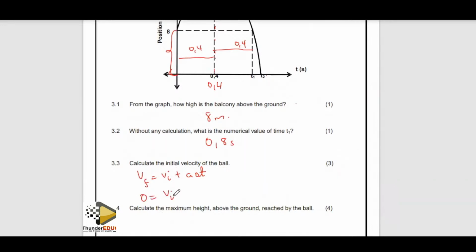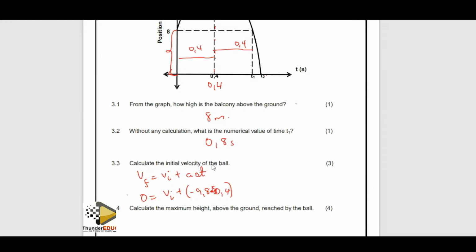Vi is what I need. I'm going to say plus, I'm going to use negative 9.8 times my delta t 0.4. Okay, so 9.8 times 0.4, I'm getting 3.92.